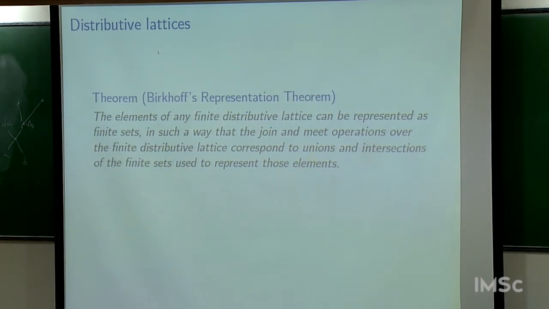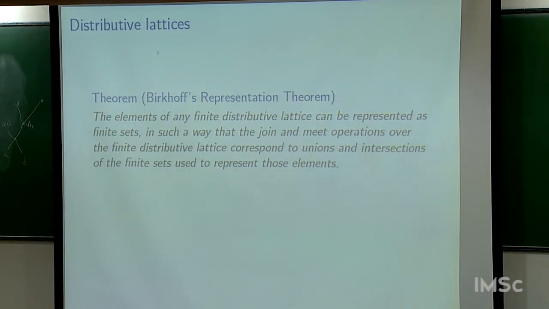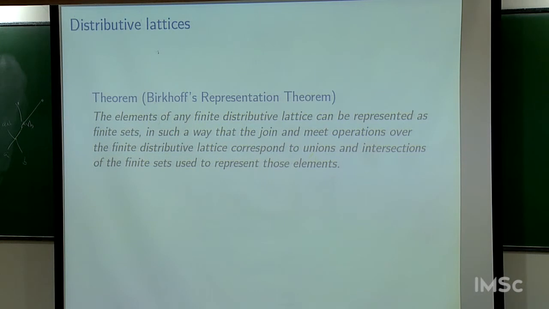Right. So I'll explain this using a figure. This is what Birkhoff's representation theorem says. We have a distributive lattice here, and I have labeled the elements using finite sets. If you look at it, the LUB operations are simply union on those finite sets, and GLB operations are simply intersections.